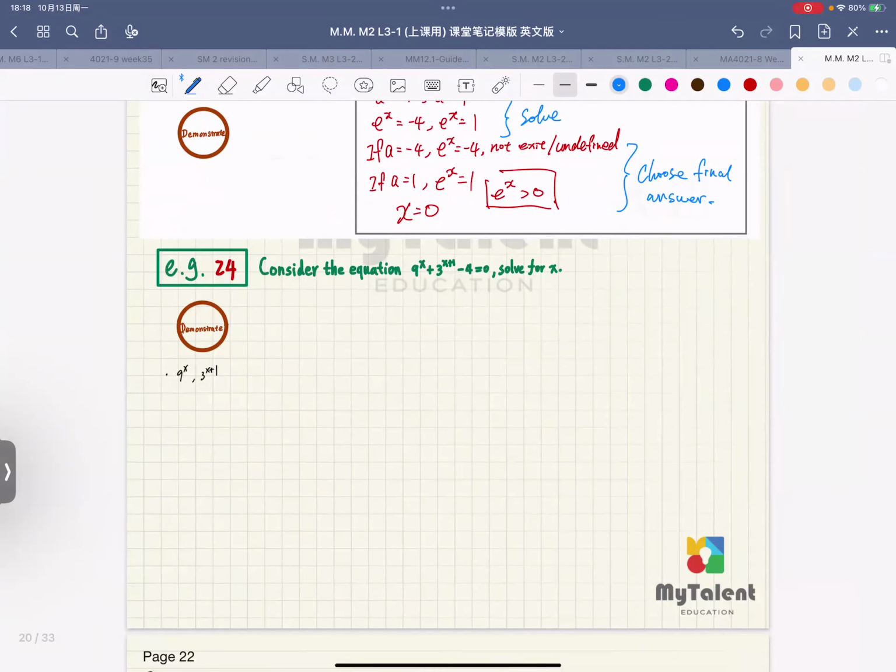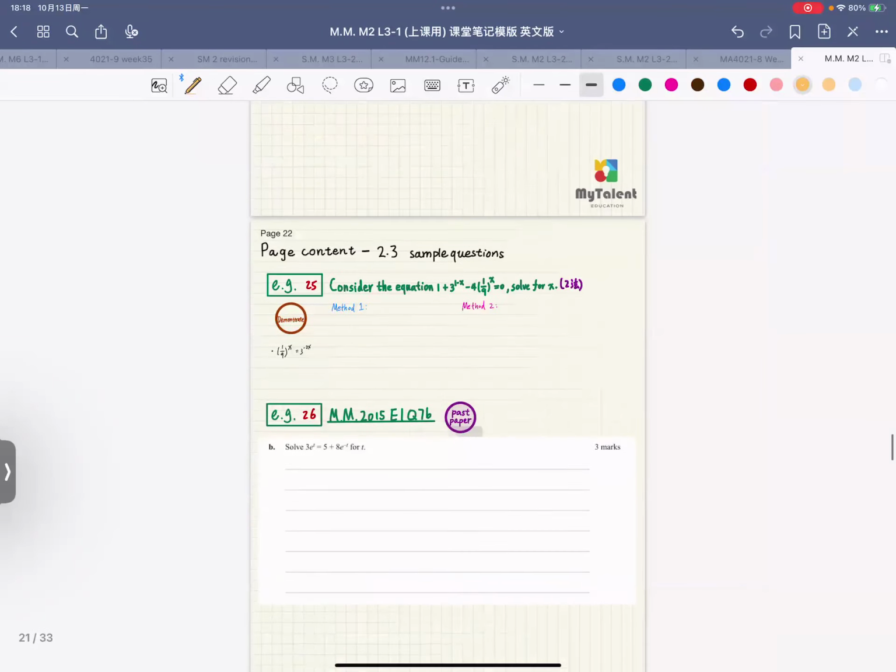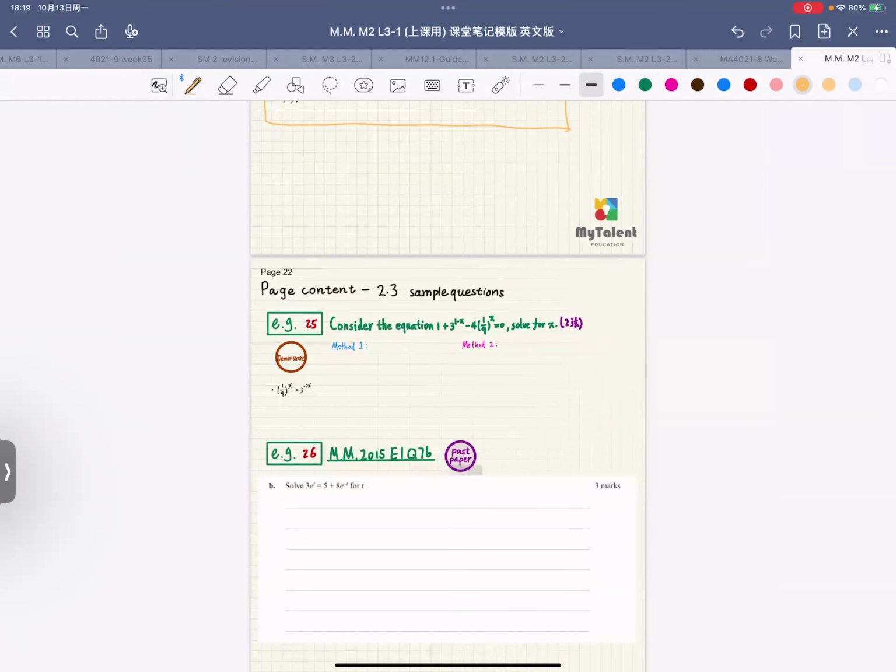All right, I will give this as a homework. Basically, you use the same concept. So that's your homework.